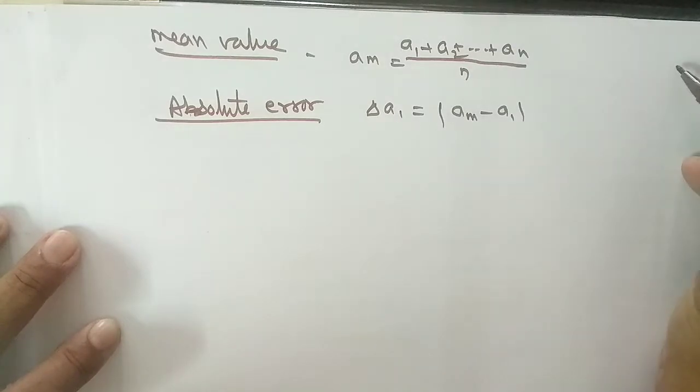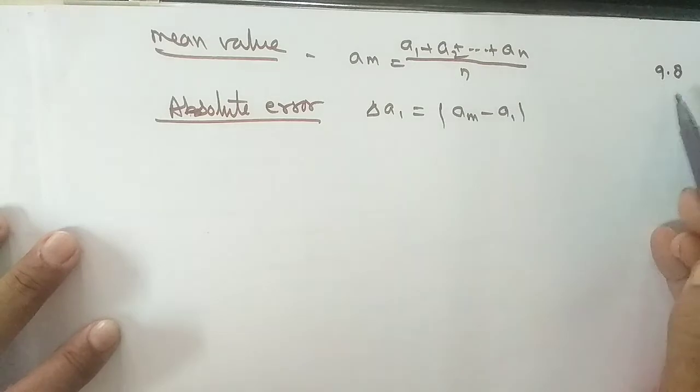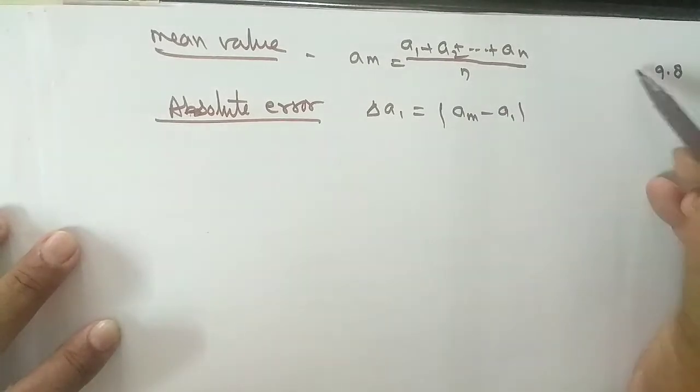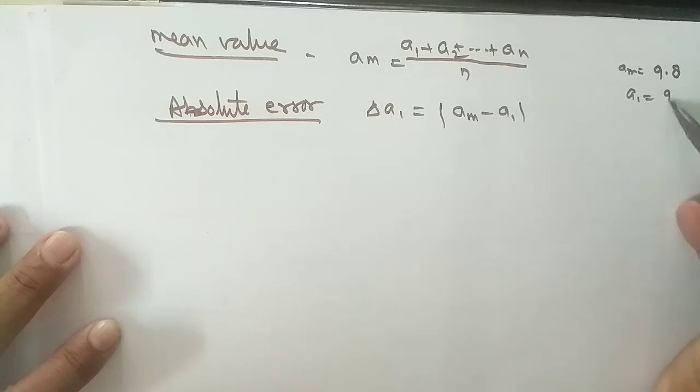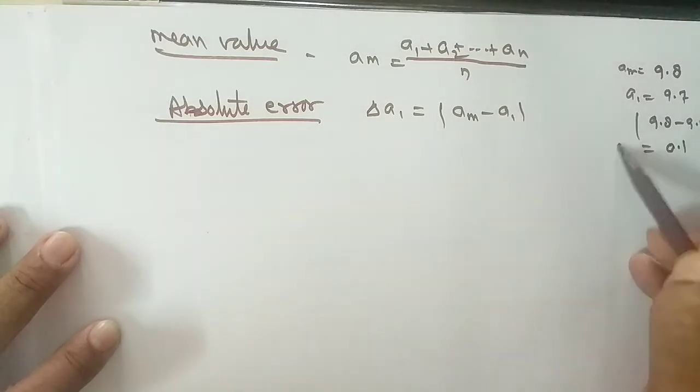Say I am taking an example, suppose 9.8 is the mean, AM, and your first reading is 9.7. So it is |9.8 minus 9.7|, that is 0.1. This is for the first reading.